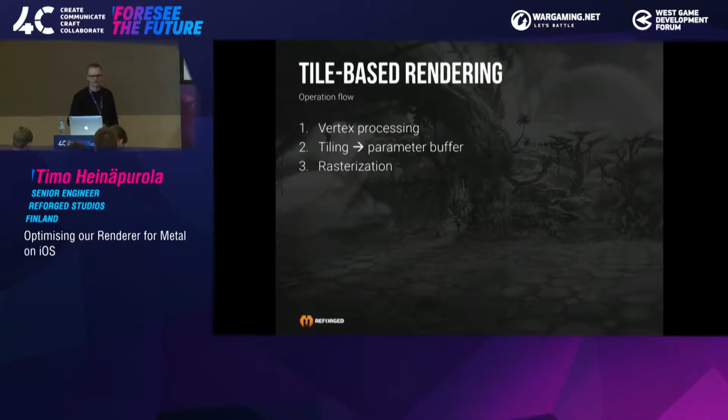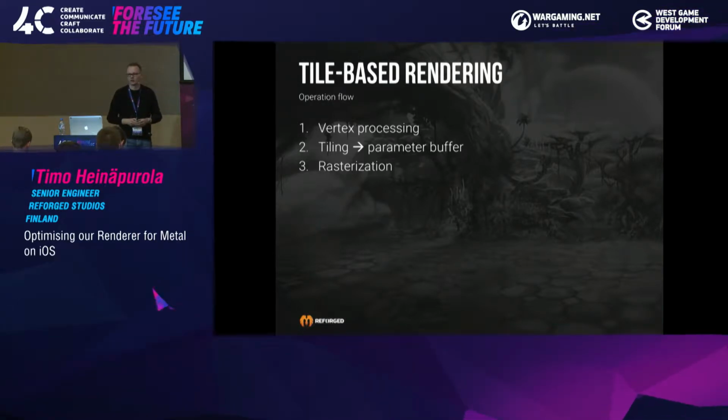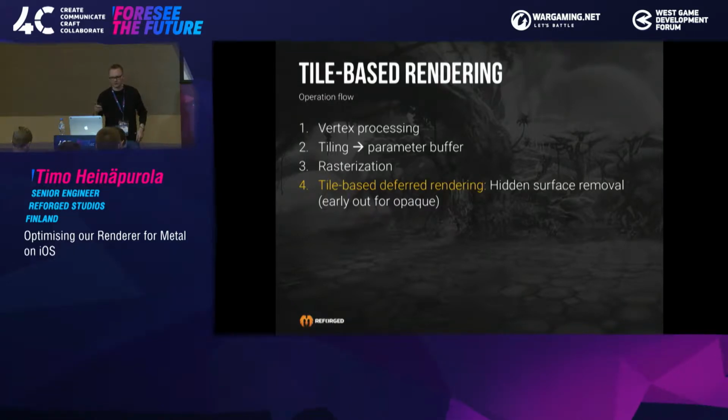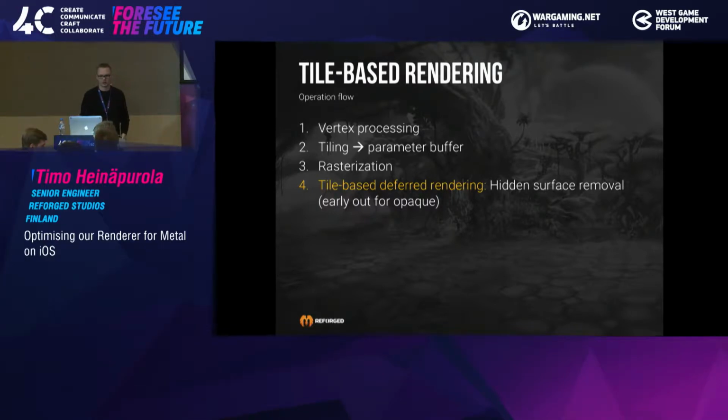Then you perform rasterization, one tile at a time. Of course, you can have multiple tiles in execution at any given time, but the idea is that you're processing one tile. What's really important here is that in deferred rendering architectures, we also do hidden surface removal implicitly. So only the fragments that are the topmost are shaded when you're rendering opaque geometry.